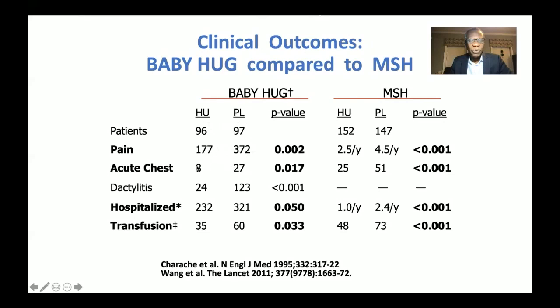Acute chest syndrome was reduced. Dactylitis, which occurs in children, was markedly reduced in those who got hydroxyurea compared to placebo, as hospitalization was reduced and transfusion requirements were reduced. Therefore, children benefit from hydroxyurea therapy just in the same way as adults, as shown in the MSH study.